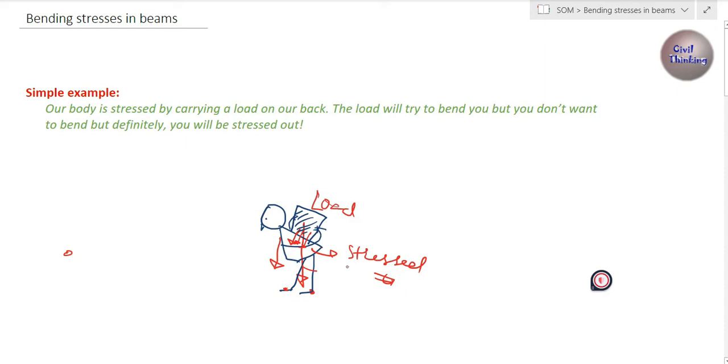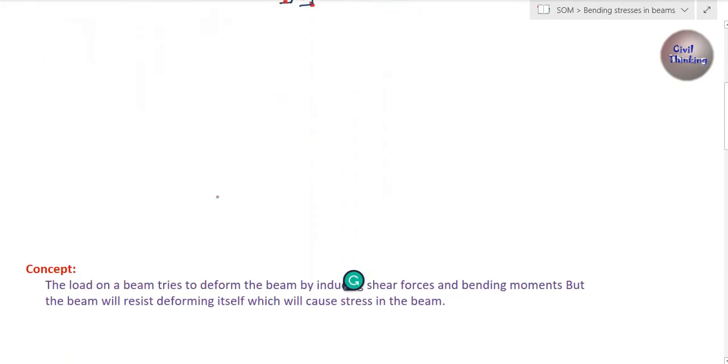Okay, and you will be stressed trying to resist the load. This is why you will be stressed. All right, this was just a simple example so that you will get some real life touch of what bending stress is. Let's move on.